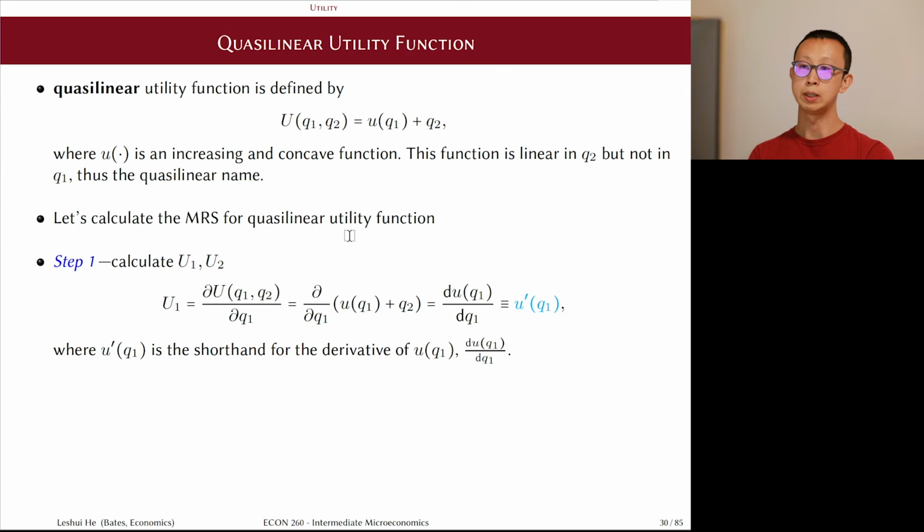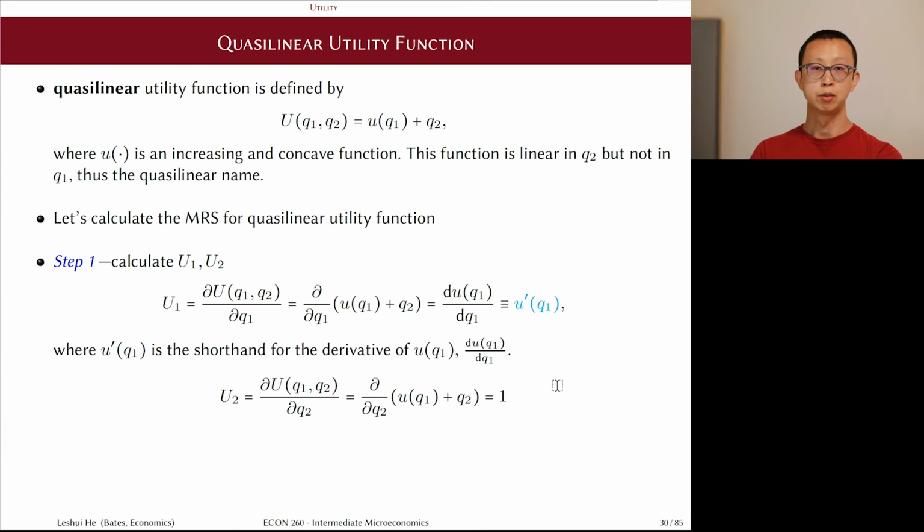Treating little u as an inside function, and the sum as the outside function, the derivative using the chain rule is just the derivative of the inside function u, which we haven't specified yet, so we cannot really calculate that particular derivative. But we're just going to write down that the marginal utility of good 1 is simply the derivative of this inside wrapper function of u. I'll give you a specific example on the next slide, but for now, let's hang on to this.